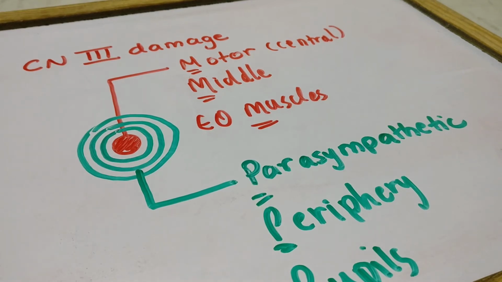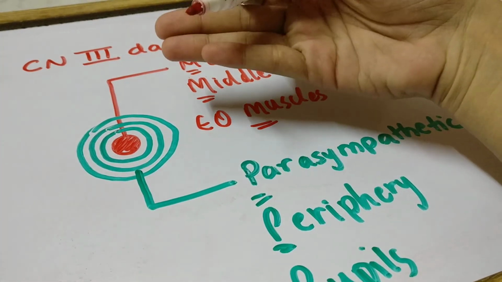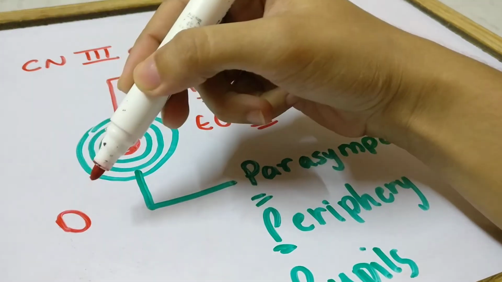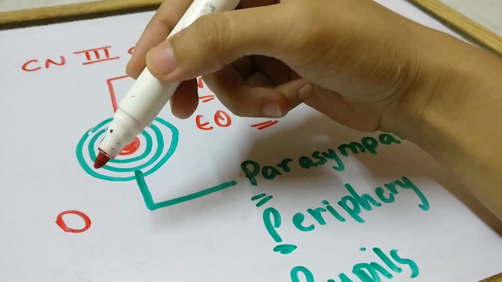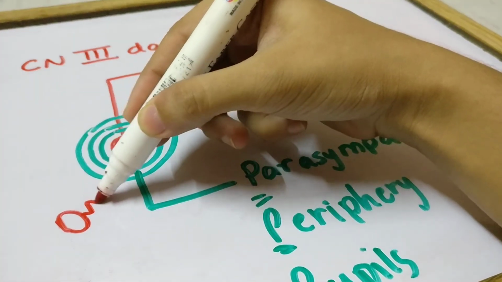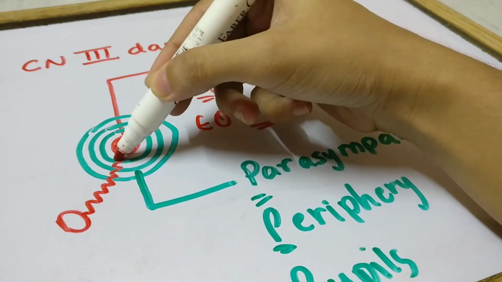Now, if you're logically thinking, the blood supply to the nerve will be from somewhere outside of the nerve, and then the nutrients and the glucose and the oxygen have to diffuse through the nerve fibers to get into the middle.